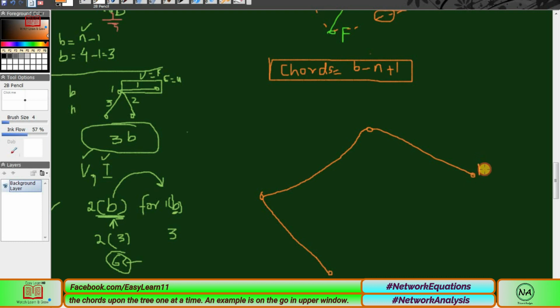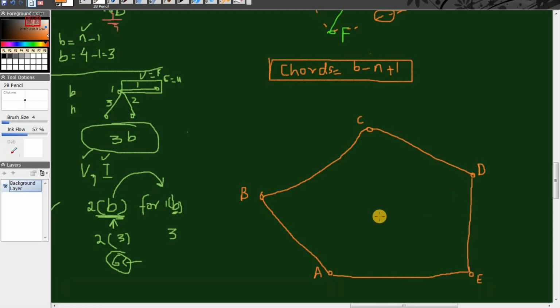Let's suppose this is point D, this is point A, this is B, and this is C, and then there is another point that we call E. All these points, if we join them, you can see different combinations. This is branch 1, this is branch 2, and this is 3, 4, 5. According to your desire, you can also label according to your setup. You are not bound to choose what I am choosing.